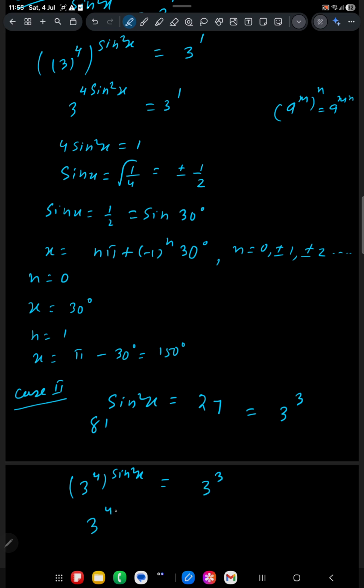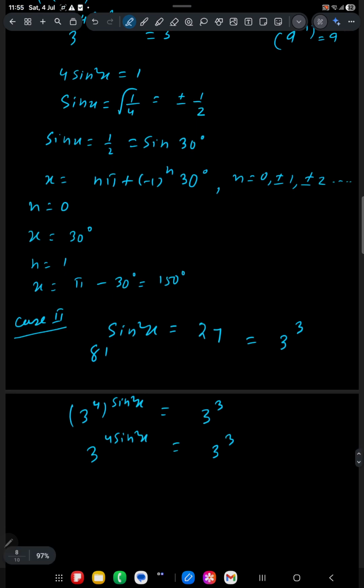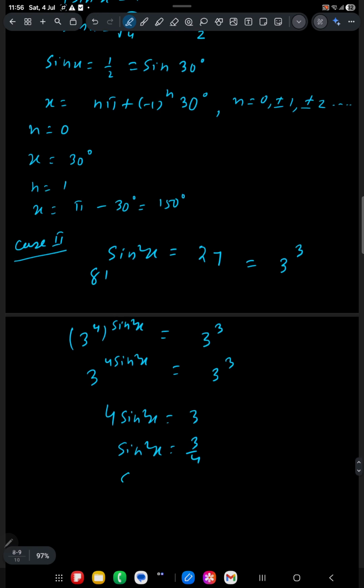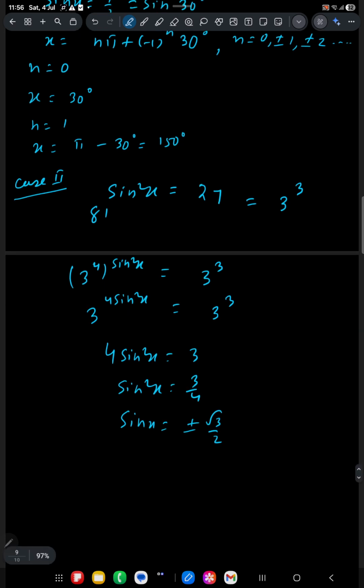So again 3 power 4 sin square x equal to 3 power 3. This gives 4 sin square x equal to 3. Again sin square x equal to 3 by 4. So sin x equal to plus minus root 3 by 2. Again we don't consider negative angles, so we take sin x equal to root 3 by 2, and for that the angle is 60 degree.